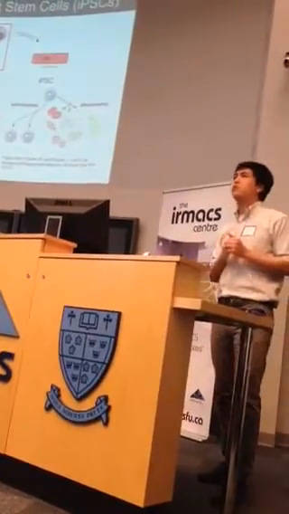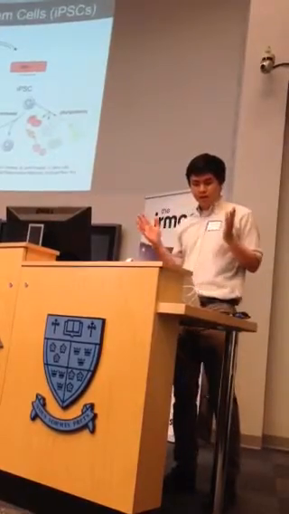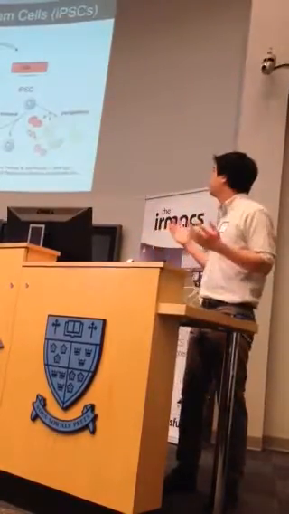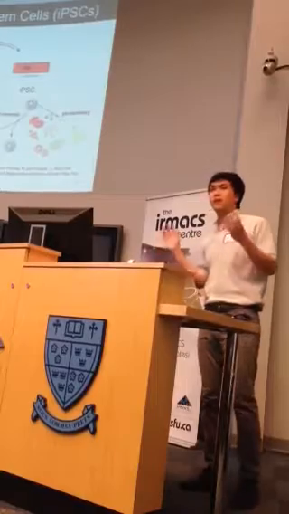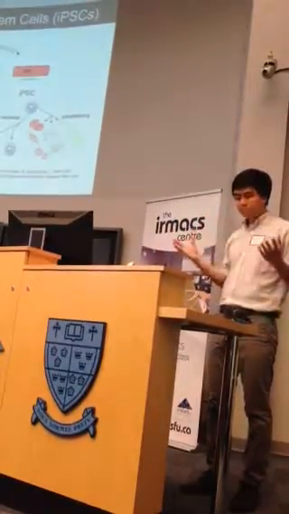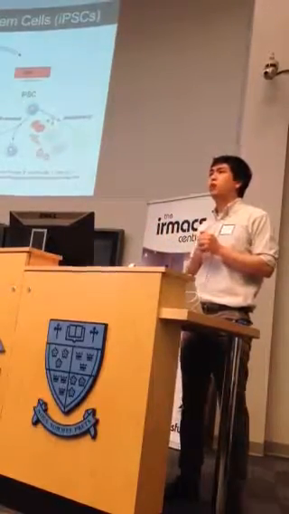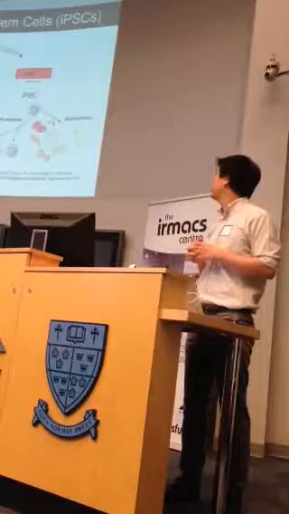This was done in 2007 by two researchers, Takahashi and Yamanaka, using 4 transcription factors, OCT4, SOX2, KLF4, and MYC. Using these 4 transcription factors, they were able to transform human fibroblasts to iPSCs, or induced pluripotent stem cells.